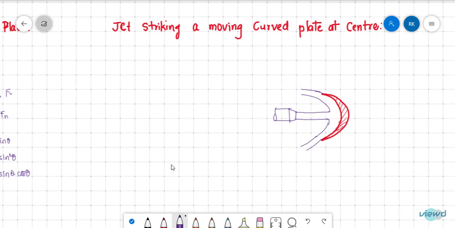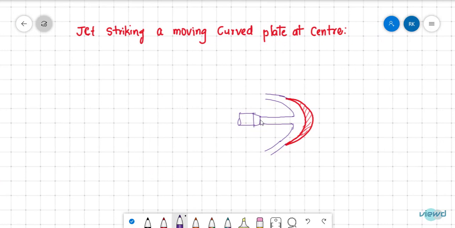Next is a jet striking a moving curved plate at the center. There is a curved plate moving with velocity u, and the jet is striking at the center with velocity v. So the velocity is v minus u, and here also v minus u.